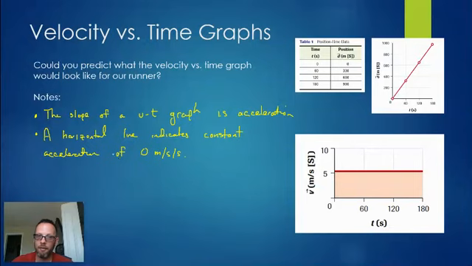And the last thing I want to talk about too is there's one more piece of detail that you can get from velocity time graphs. And it doesn't have to do with the slope of the VT graph. It has to do with the area underneath the curve. The area under a VT graph gives displacement.